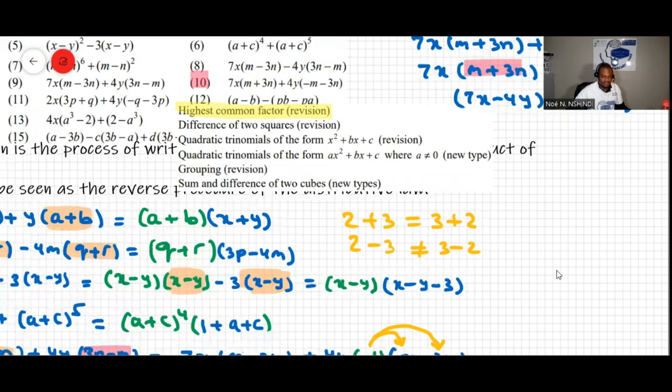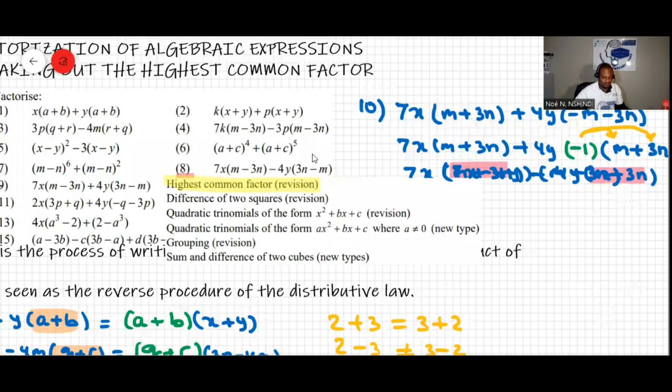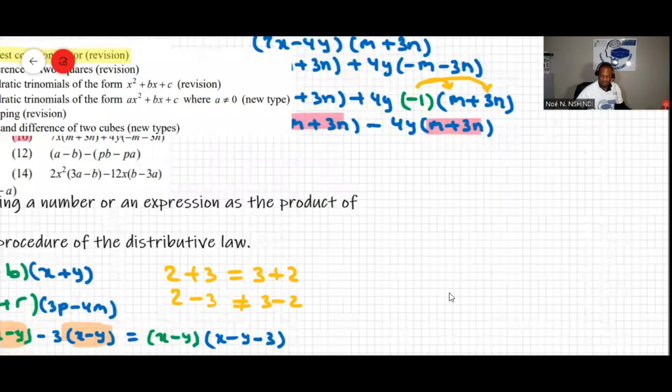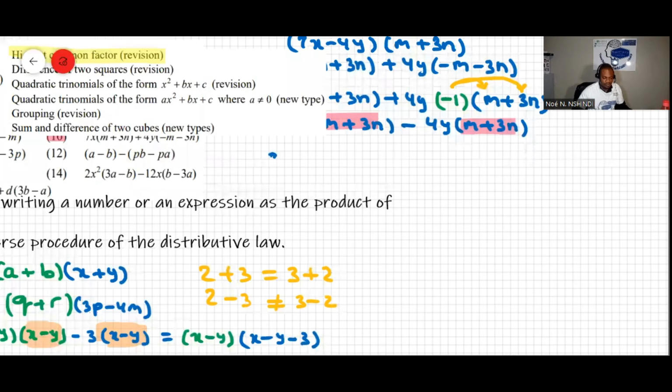Question 12 says, we have A minus B, open bracket, negative, open bracket, B minus A. Now, in this case, when I look at the second pair of brackets, you notice that P is common, P is there, and P is there also.